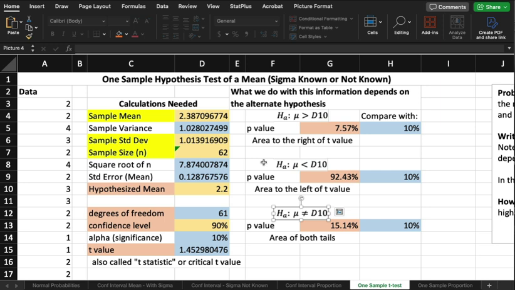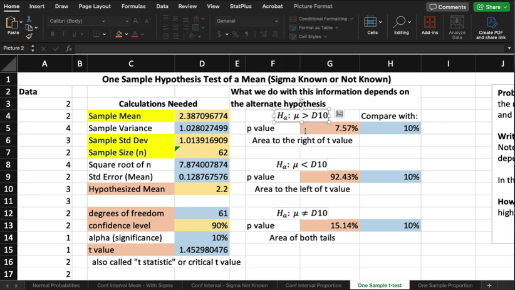In the video just before this one, we talked about the null hypothesis and the alternate hypothesis. If you did not see that, go back and watch the video right before this one, and then come back to this. So these are your three alternate hypothesis situations.